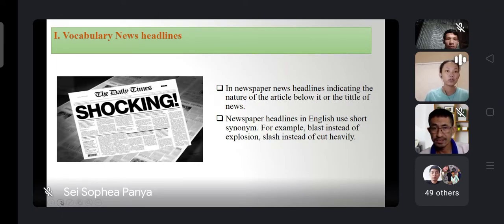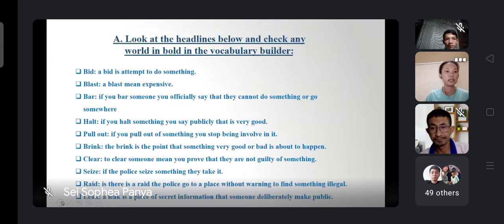Newspaper headlines in English use short synonyms. For example, blast instead of explosion, slash instead of cut heavily. Next slide, please. Here are some common headlines that are always used and also appear in section A on page 92.